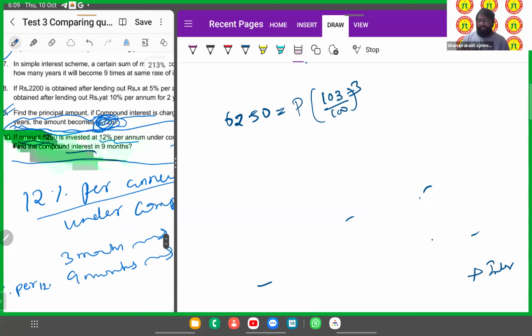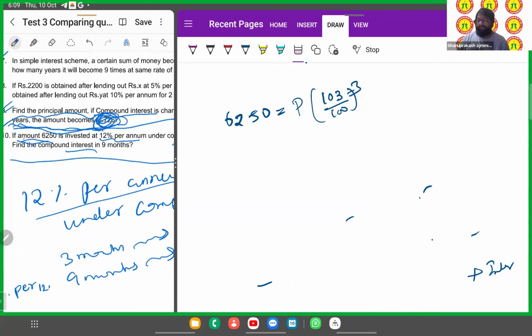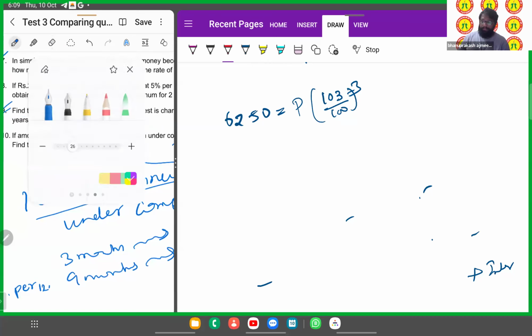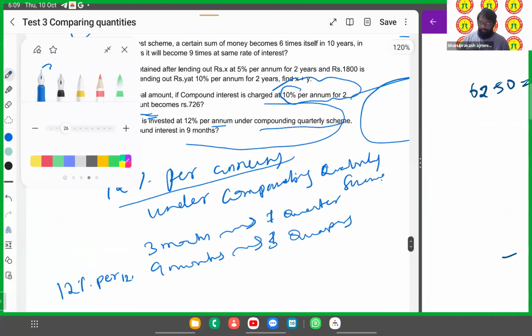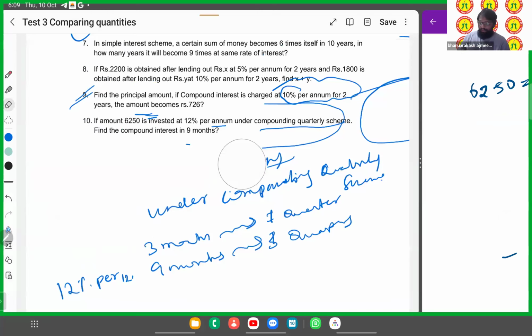No. What I said, this is amount, right? See the tactics used here in the question. What is given in the question? Please read out.